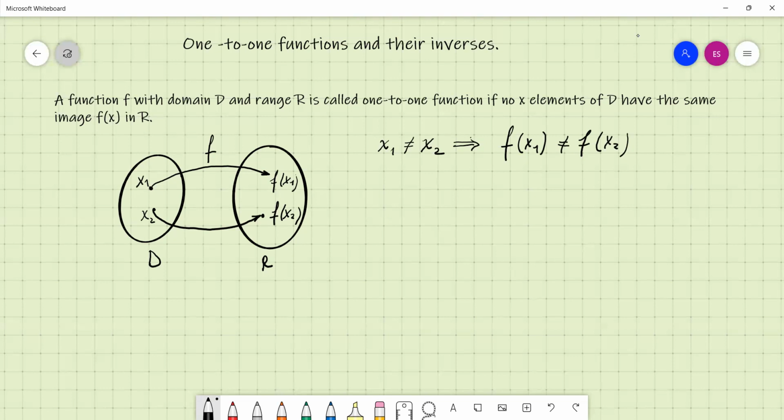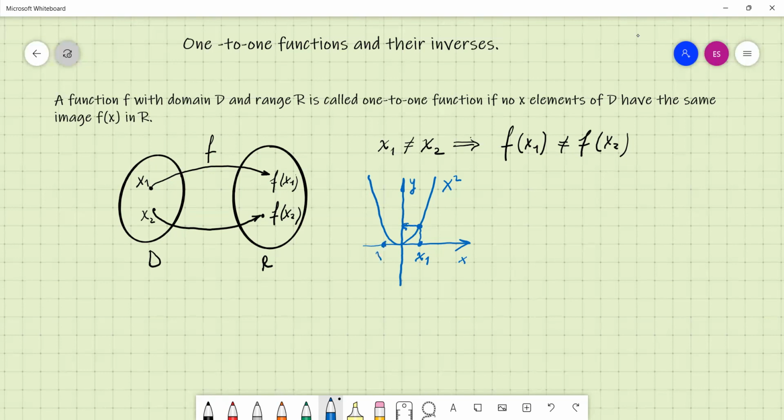Let me give you examples of a one-to-one function and a function that is not one-to-one. First, not one-to-one, so you understand what the difference is. You probably recognize our standard parabola, right? That's the x squared function. If I choose x1 somewhere here, it will go to this point and become this y.